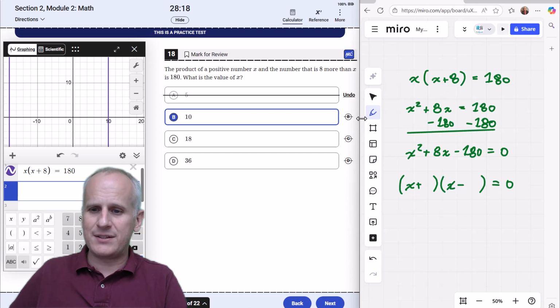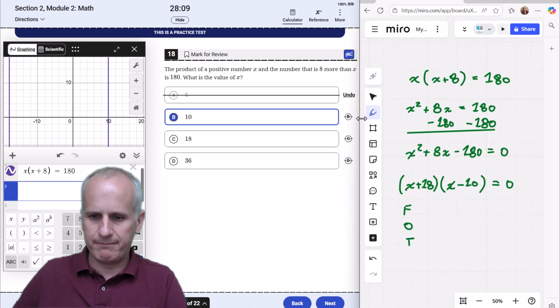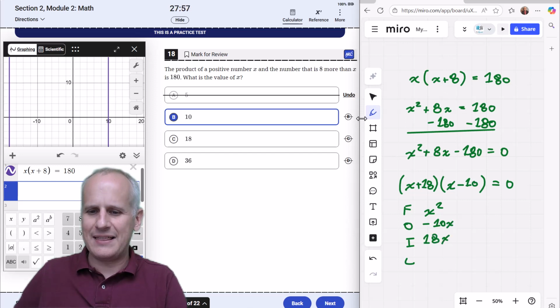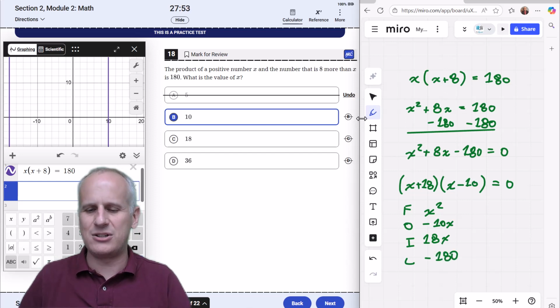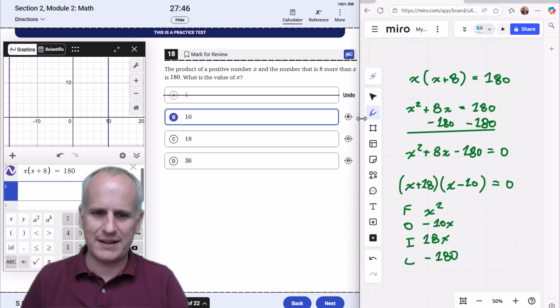And of course, it's going to be positive 18 times negative 10, because if we redistributed this using the old FOIL acronym, well, the first is going to be x squared, the outside is going to be negative 10x, the inside is going to be positive 18x, and the last is going to be negative 180, which would recomprise to x squared plus 8x when we add 18x to negative 10x to combine the like terms, minus 180.